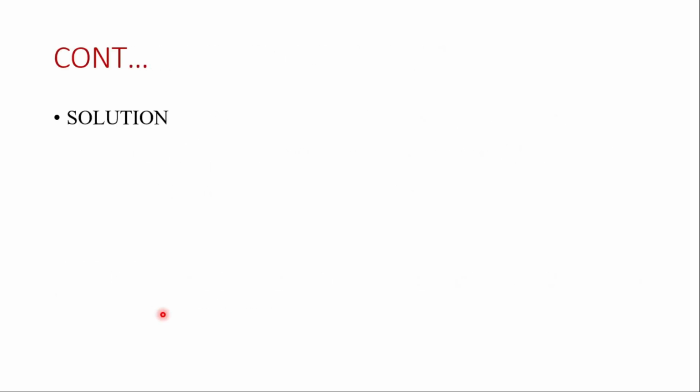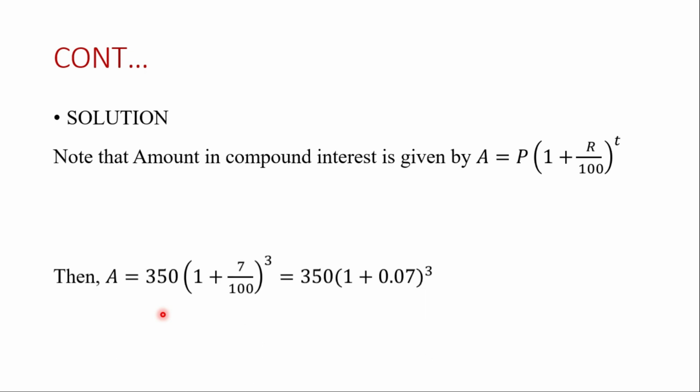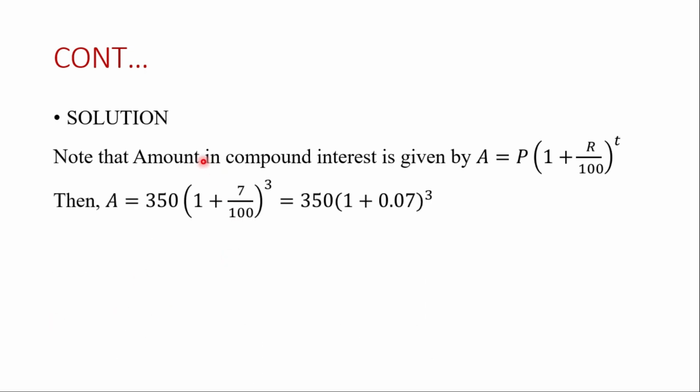So let's take the solution. So note that in compound interest, A is the amount and P is the principal, times 1 plus rate over 100, raised to the power of time. In the question, the principal was 350 Ghana cedis, the rate was 7% per annum, and the period is 3 years.